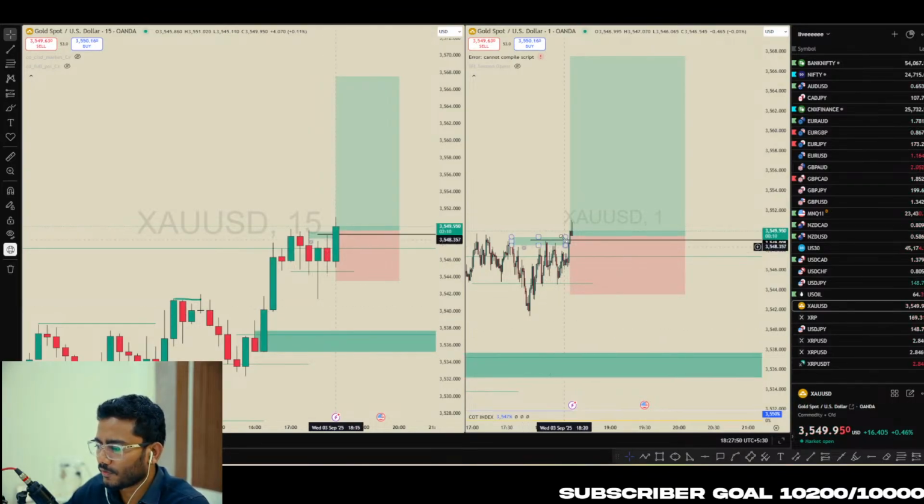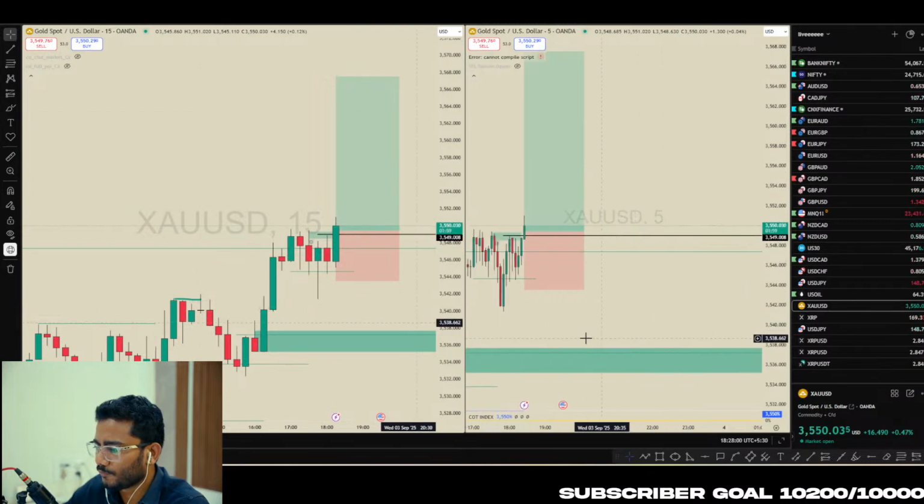Enter with 0.5% risk because price can continue to the downside because of lots of liquidity to the downside. But we have the strong low which is holding.